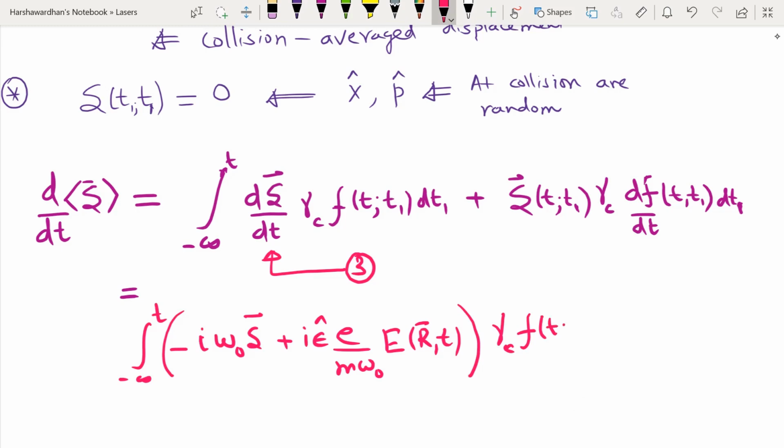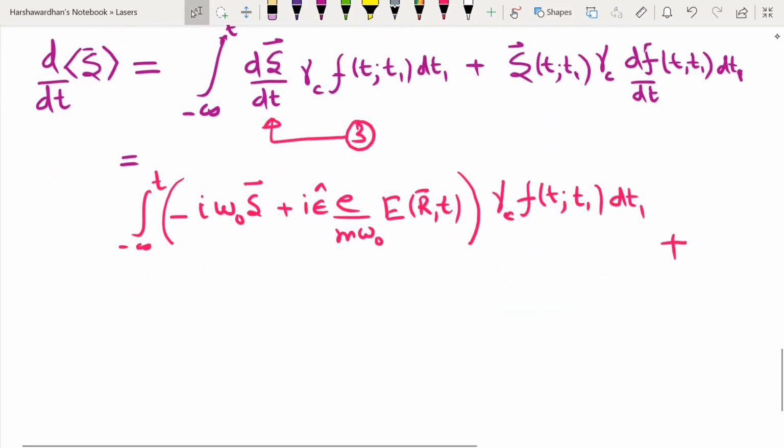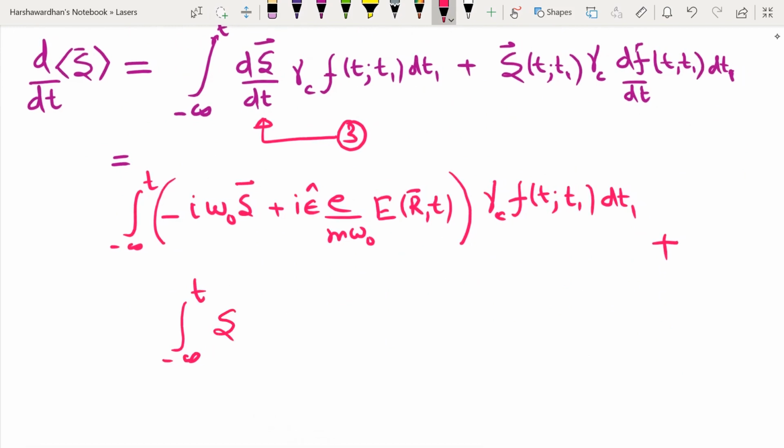f of t, t1, dt1, plus the second term, which I will write separately as the integral from minus infinity to t of S of t, t1. And you see that df over dt will give me a minus gamma c outside.